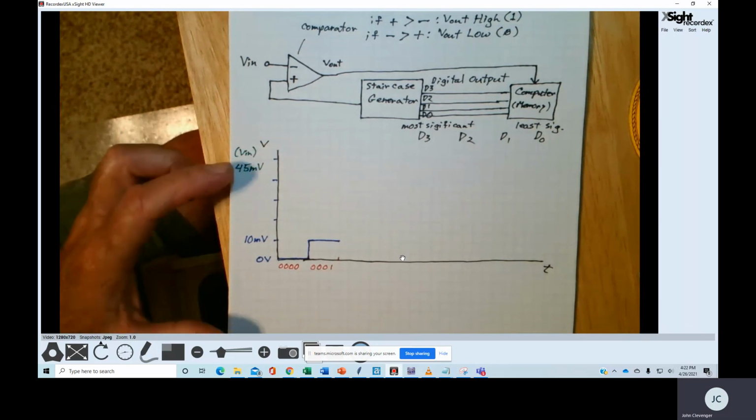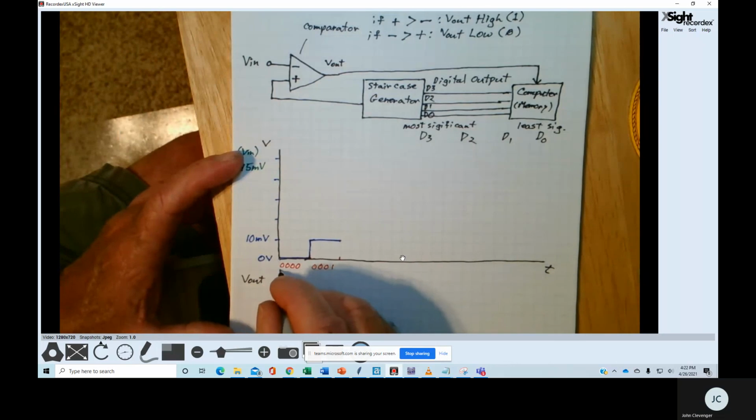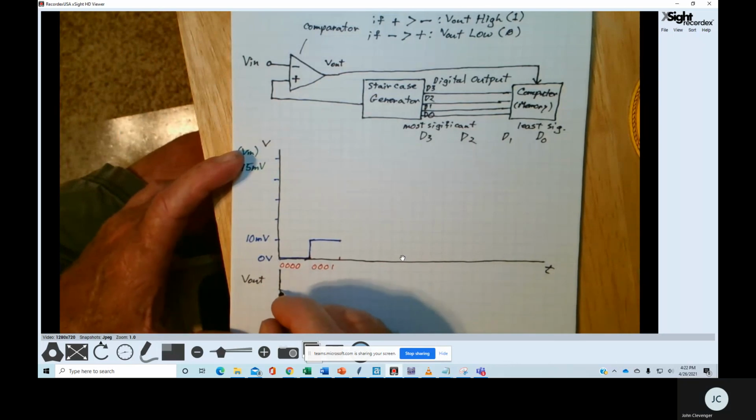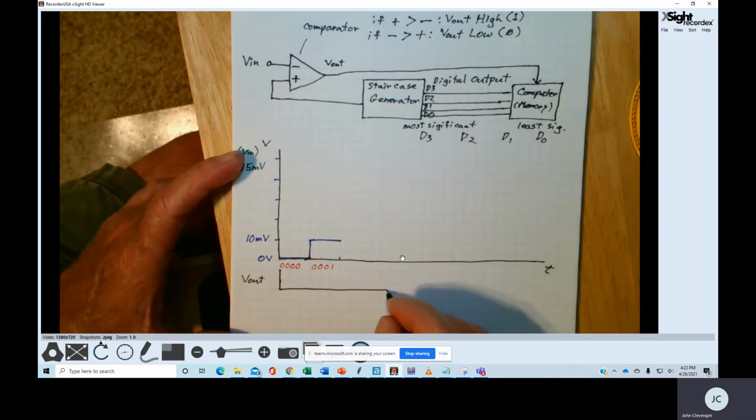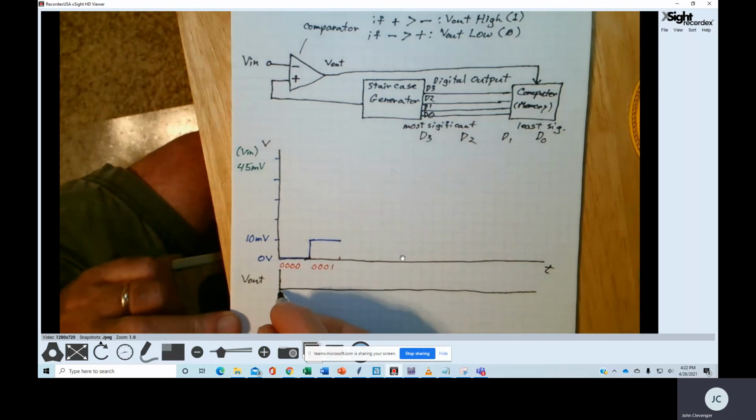Now, down here at the bottom, let's look at the output of the comparator, V out, and at this point in time, we can see that the inverting input, Vn, is greater than the non-inverting input. So my digital output, or the output of the comparator, is going to be a low logic level.